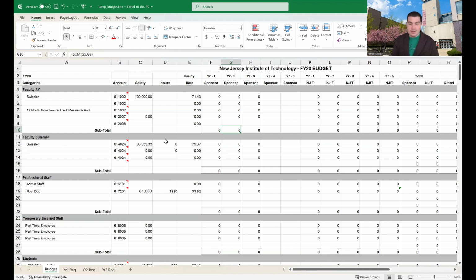We are on 9 or 10 month contracts, and our salary is for those 9 or 10 months. Some universities spread everything out throughout the 12 months, but you're paid on a 9 month basis. Summer salary is in addition to that. So we're asking for money to pay ourselves to do the work that we're proposing.